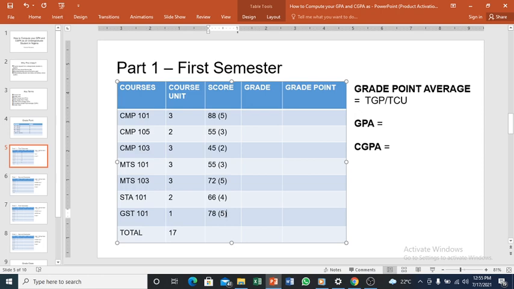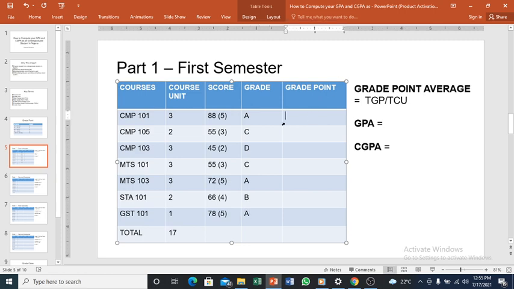So this is actually the grade point that the student has. So what's the grade? This is an A, this is a C, this is a D, this is a C, this is an A, this is a B, this is an A.